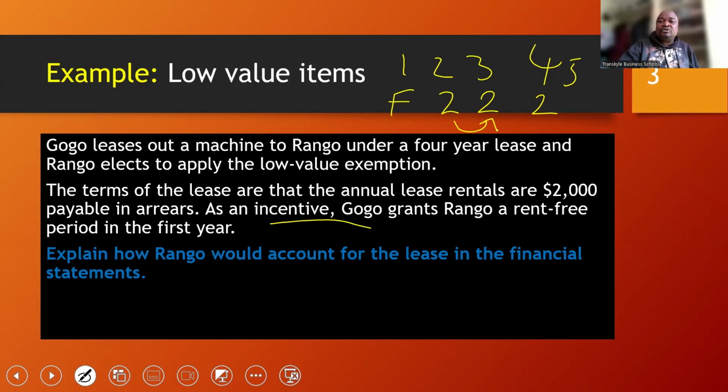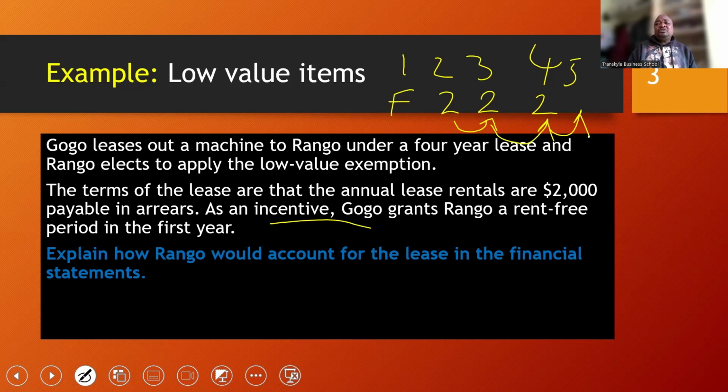So at the end of year 2, that's 31 December, which is the beginning of year 3. So we are paying in year 3, actually, in essence, isn't it? Then year 3 rentals are paid at the beginning of year 4, and the other one at the beginning of year 5. Is that clear? That's where we pay.